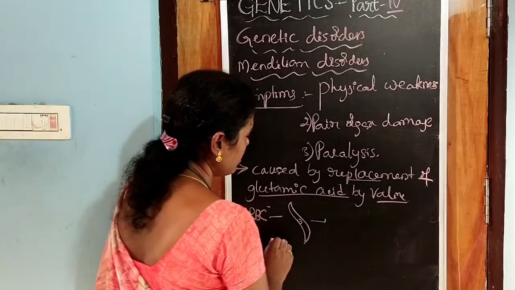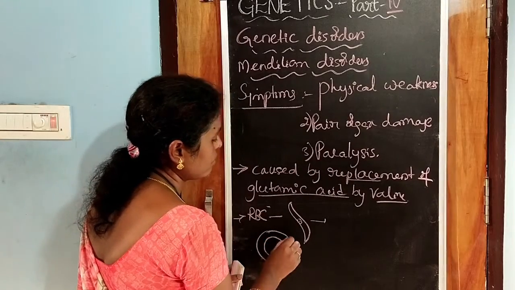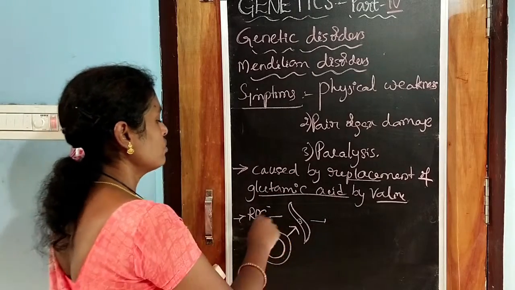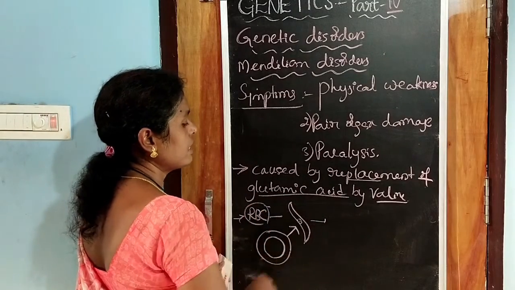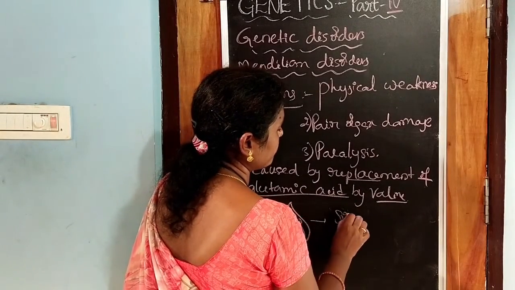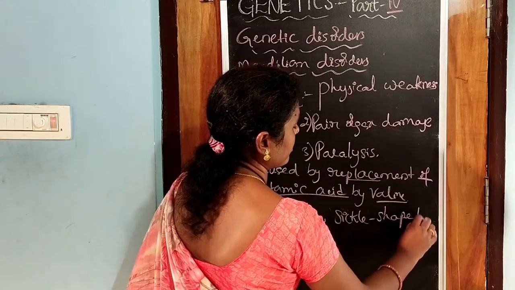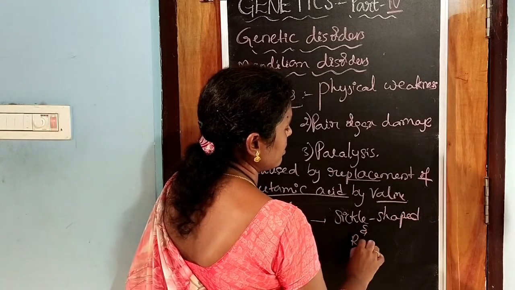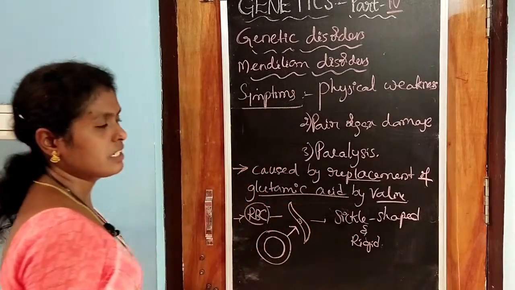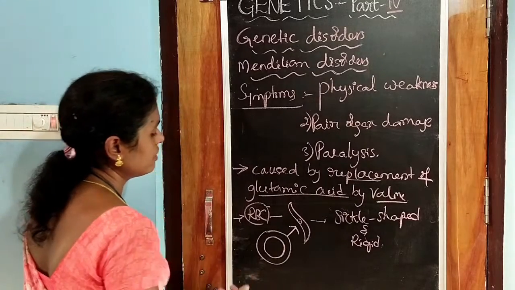Actually, the normal structure of RBC is like that, but due to this replacement, the RBC becomes sickle shaped and rigid.